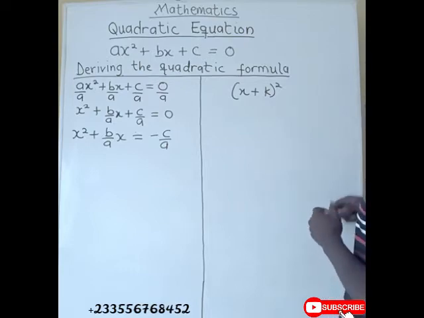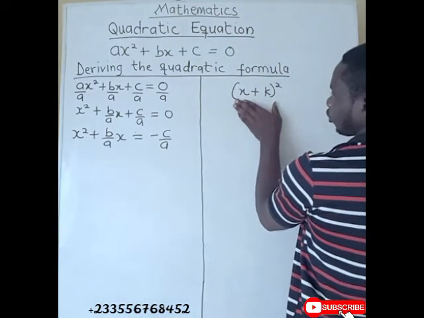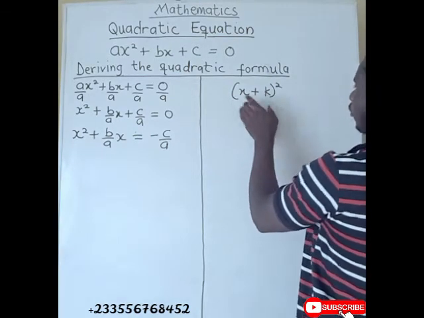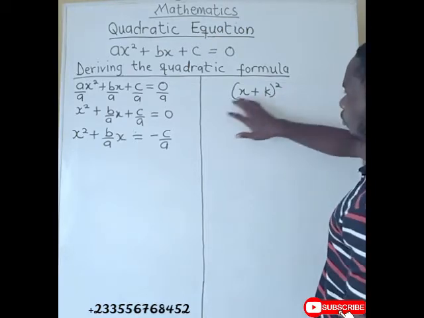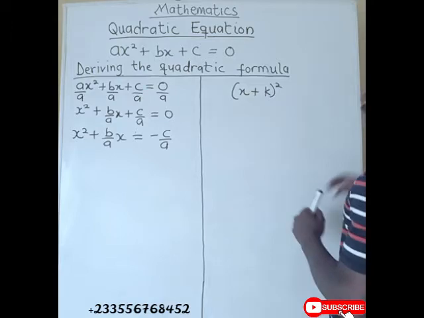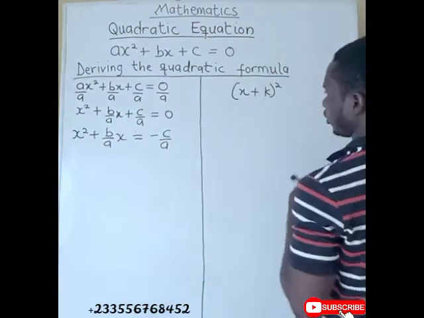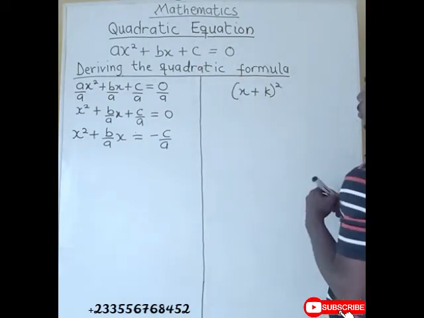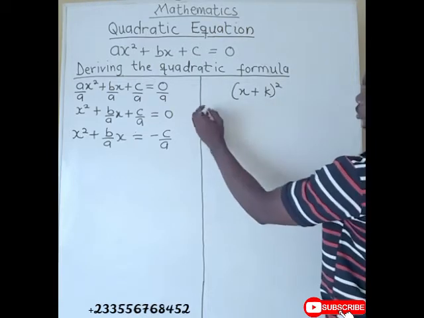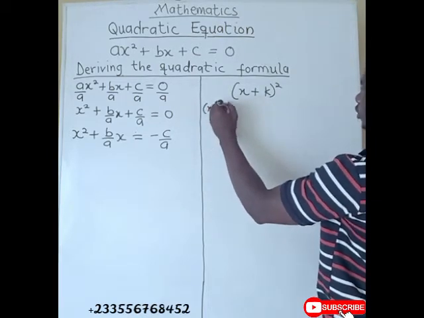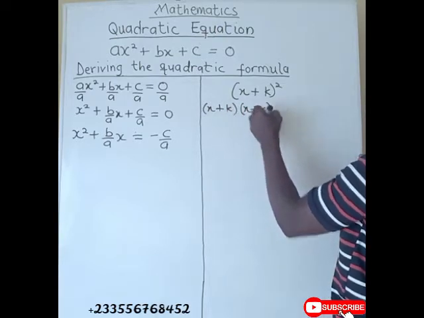I'm taking it again. We want to change this one to the form like this one. So we need the value of k that when we put here and we simplify the equation like this, we will get something like this, plus a constant. So I'm expanding this one. We have (x plus k)(x plus k).